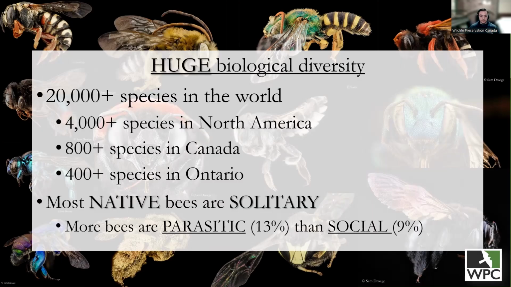So again, sociality being described by the different castes of things like honeybees and bumblebees, where you have a queen at the top, and then different workers and males all working together towards the same common goal. So there are more bees that steal and are parasitic than there are bees that are actually social. So this is quite different from what we might know going into this about bees.